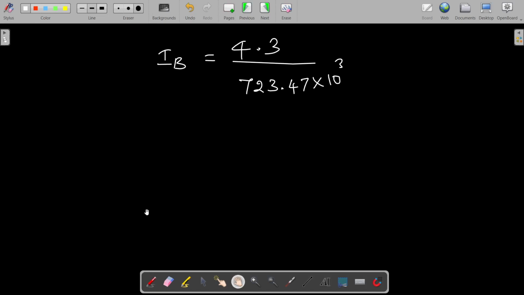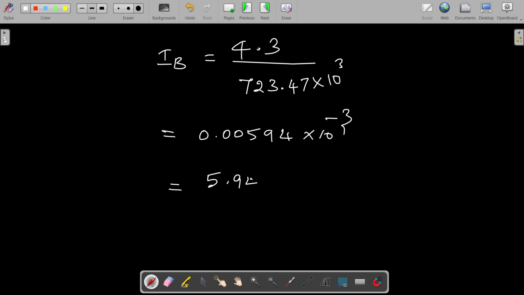So we get this IB as 0.00594 into 10 power minus 3. So we can rewrite this as 5.94 into 10 power minus 6. So what is the answer for this IB? IB is equal to 5.94 microamps.